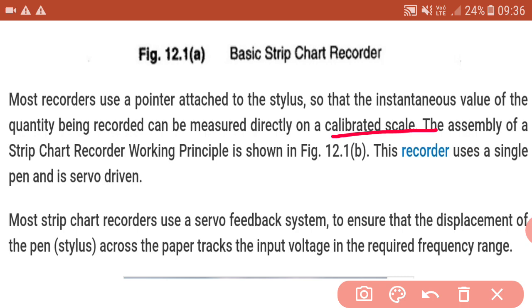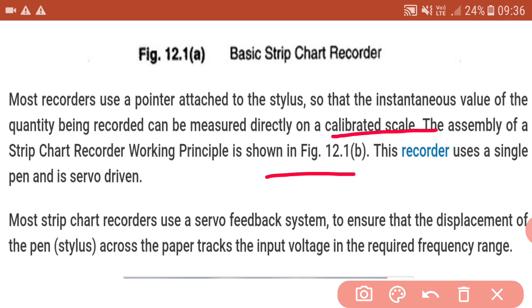The assembly of a strip chart recorder working principle is shown in the figure. We will see it next. This recorder uses a single pen and is servo driven, that we have seen in the block diagram. There is one single pen or stylus and it is driven by a servo motor, so it is known as servo driven.